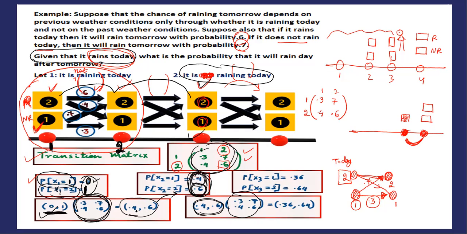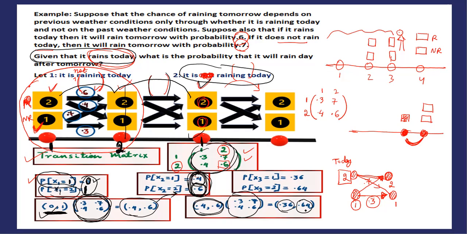See here, these numbers should match these numbers. Now, using the total probabilities here, you multiply the transition matrix and you will get the total probabilities at time 3. So we got 0.36, 0.64.